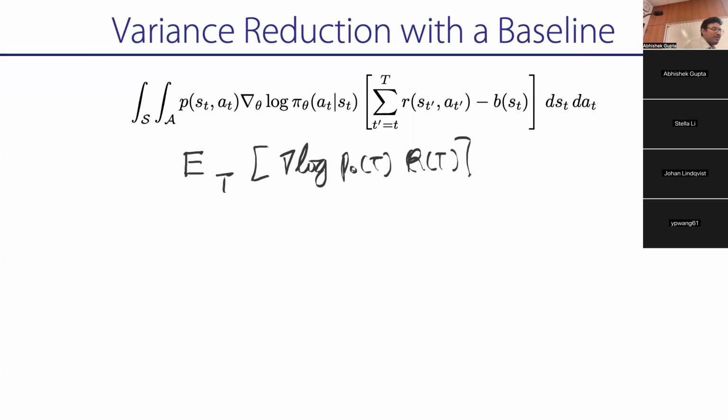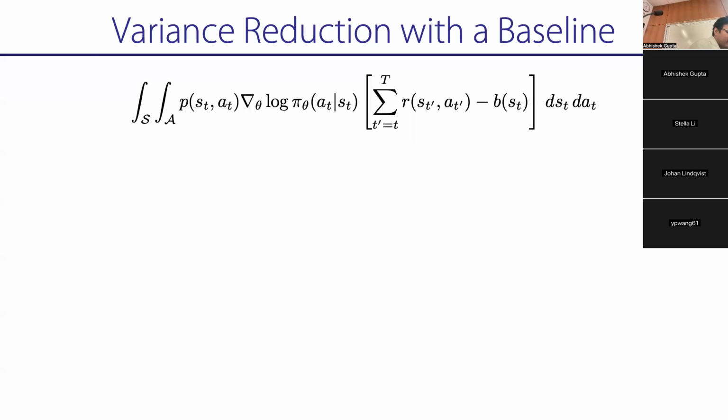And I'm going to rewrite this in a slightly easier form to make our life easier, which is saying let's sample states and actions according to the distribution of the policy. So if I ran the policy in the environment, I'm going to get states and actions from that distribution.